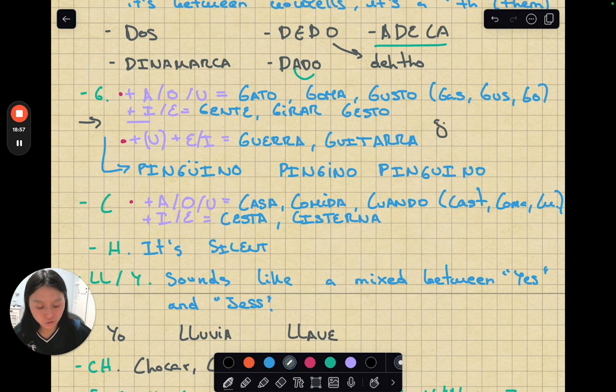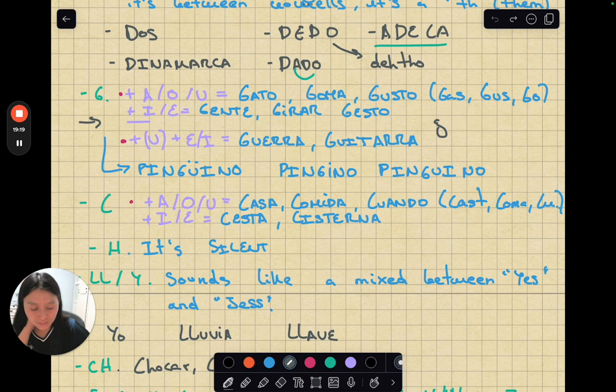You say gesture, geography, giraffe, giant, okay, it's a J sound.